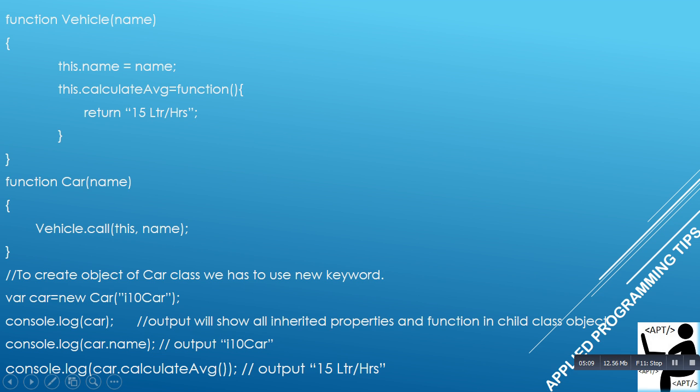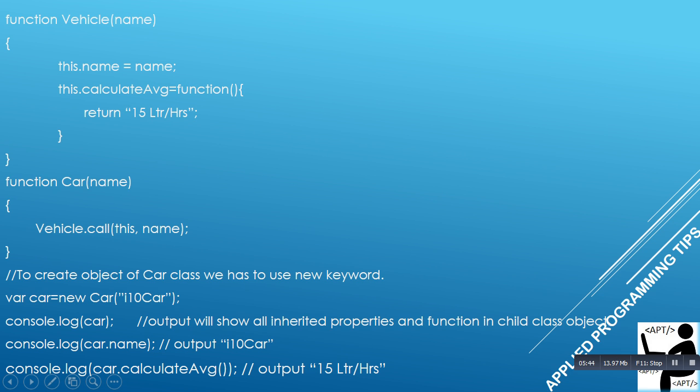If you write console.log and print the car object, you will get all the properties and functions of the base class inside the Car class. If you write console.log and the car object and try to access the property by name, you can find the name of the car in the console window.